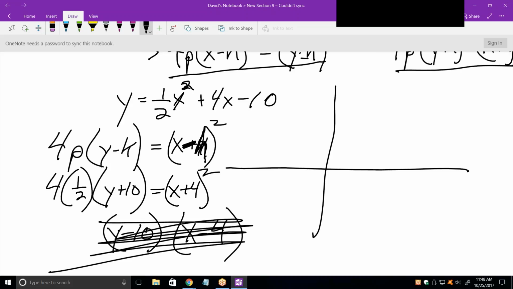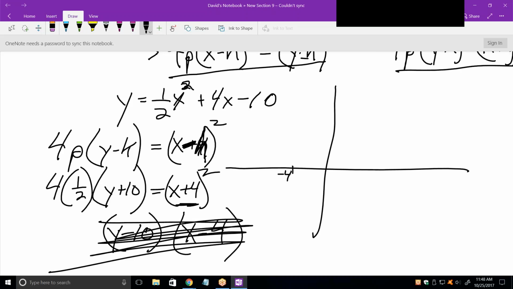If I have two negatives together, it would turn positive. So how about an h of minus 4? In other words, if I plug minus 4 in for h, I end up with x minus a minus 4, which turns into what I've got, x plus 4. So h is minus 4.